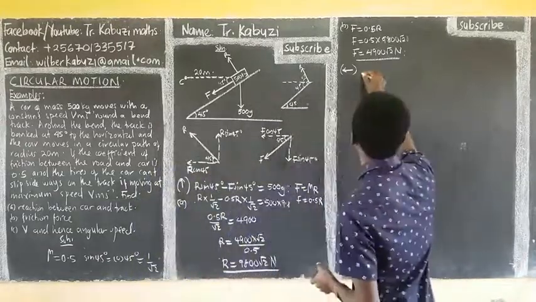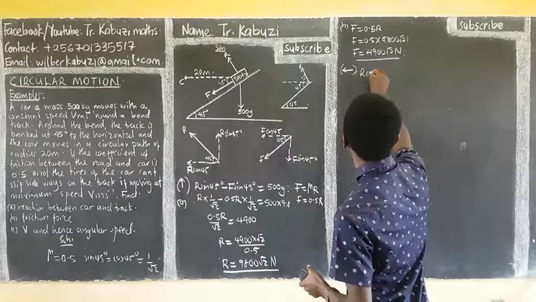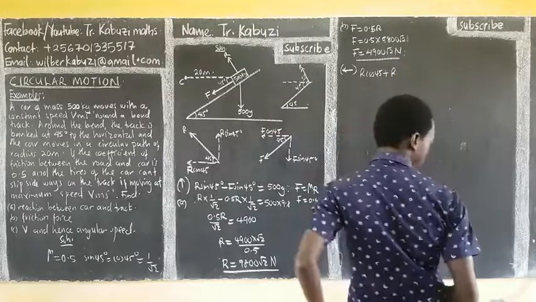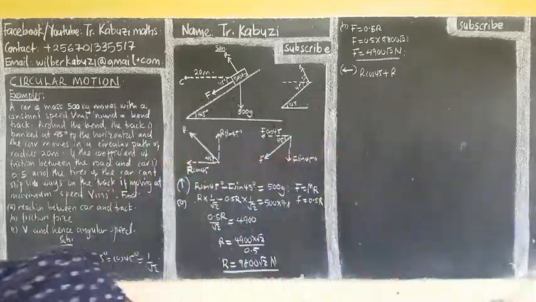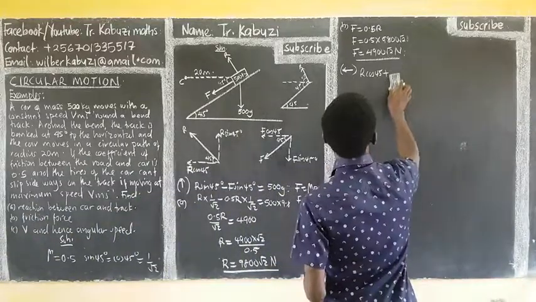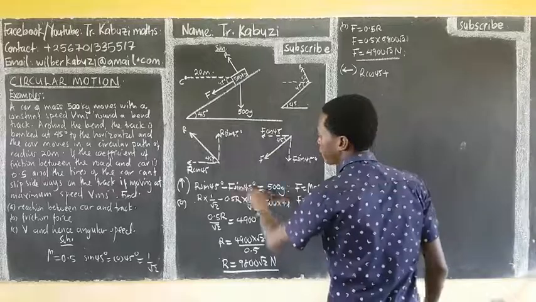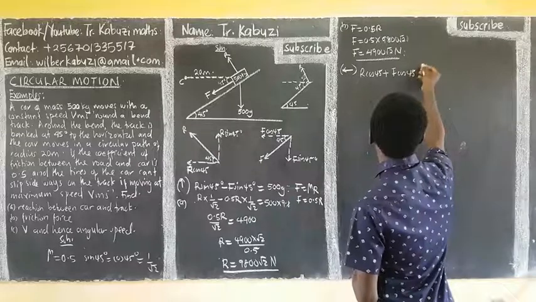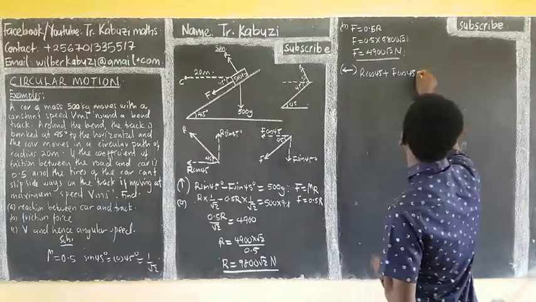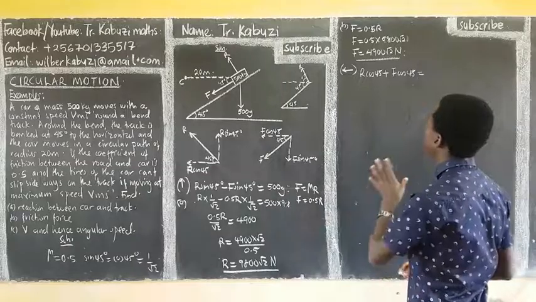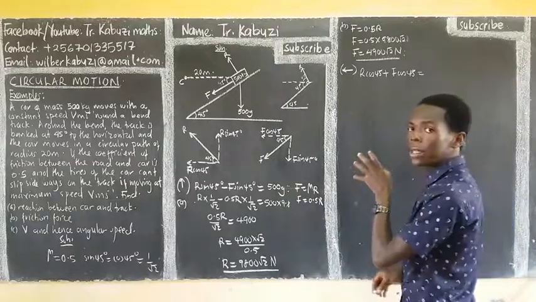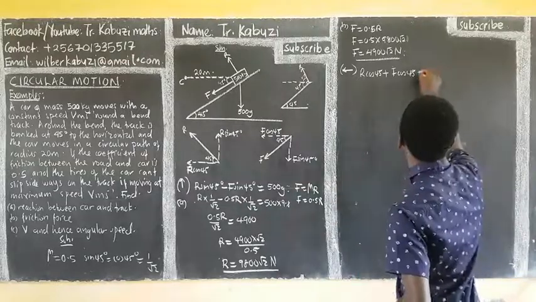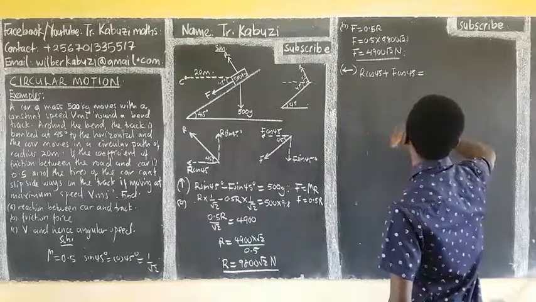So from there, we shall have R cos 45, plus F, and this F going in this direction, F cos 45, equaling to all horizontal forces, which should equal the centripetal force that is keeping that car in that horizontal circular path.